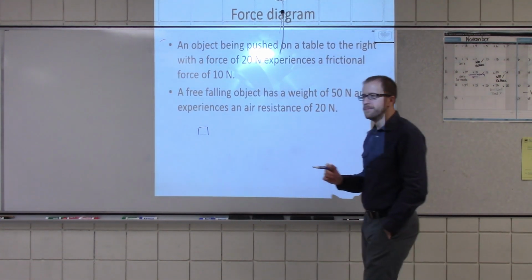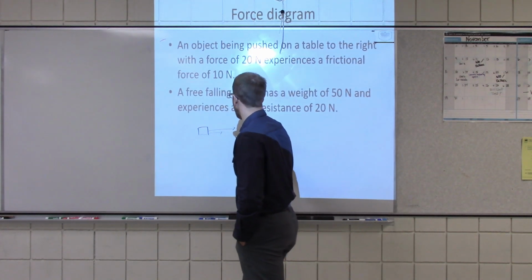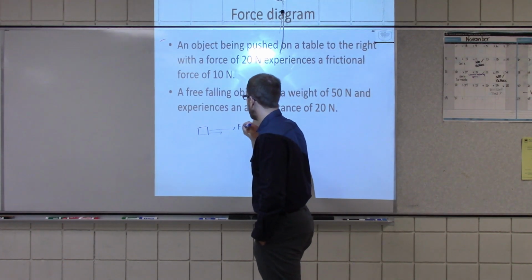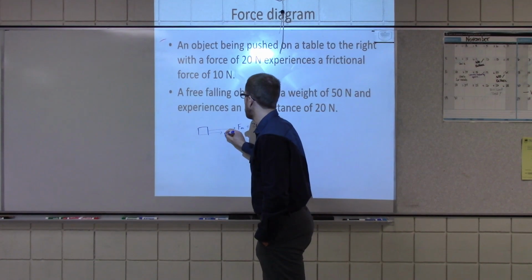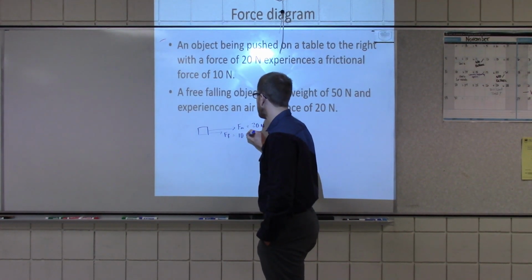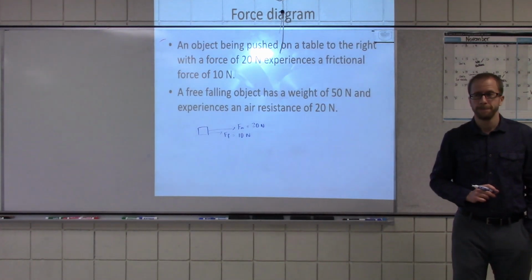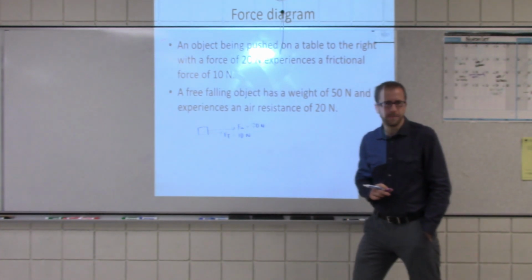Am I going to draw an arrow like this and like this for our applied force, 20 newtons, and our force of friction, 10 newtons? Would that be right? Why not? Why would that be wrong?